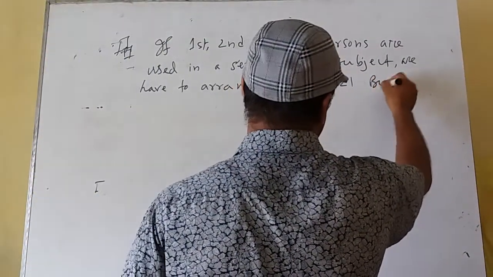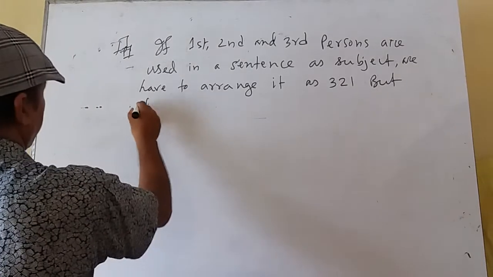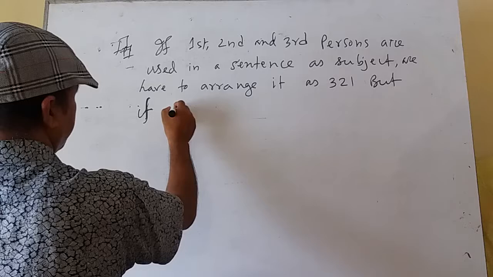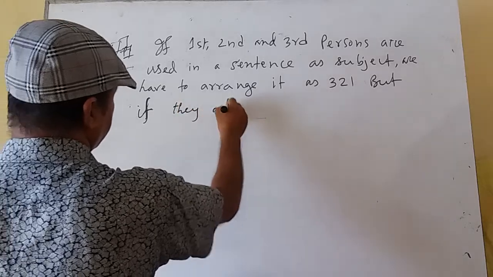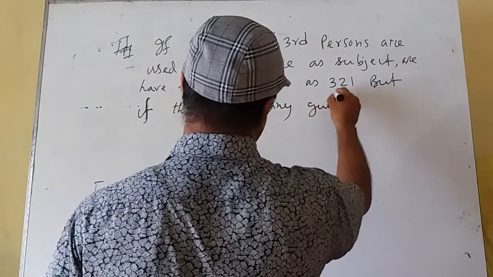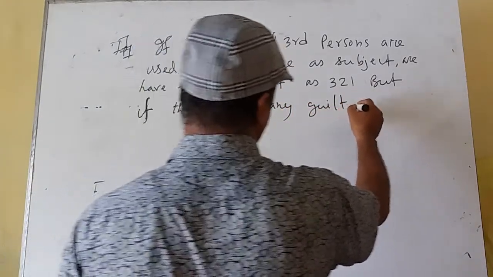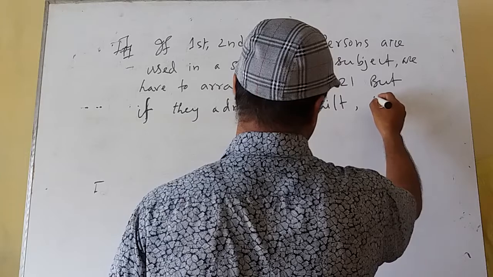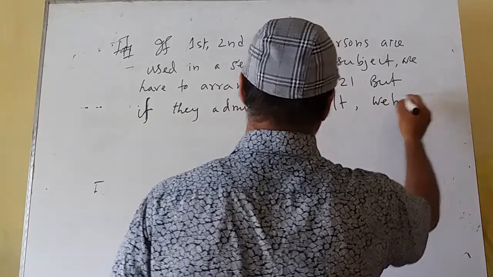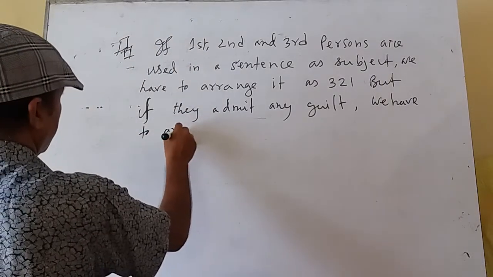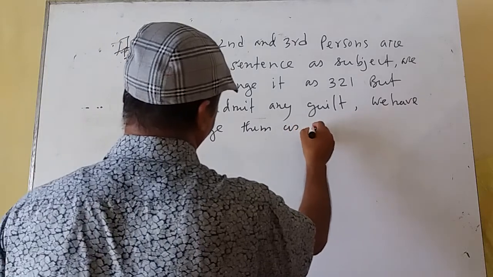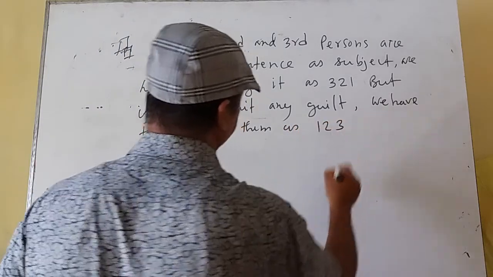But if they admit any guilt, we have to arrange them as 1, 2, 3.